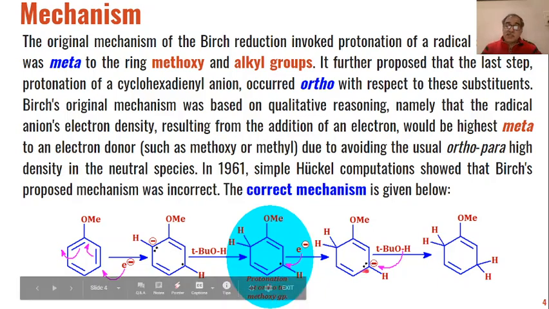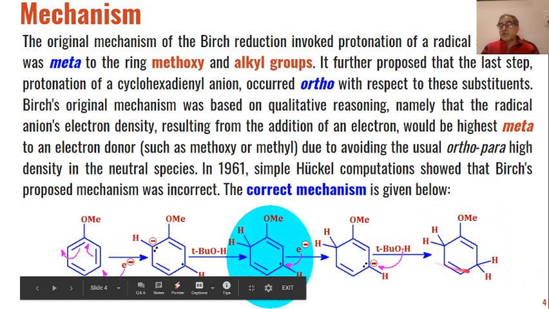And in the second step, this radical will take up another electron and become an anion again, and then protonation of this anion will take place with another molecule of the alcohol.